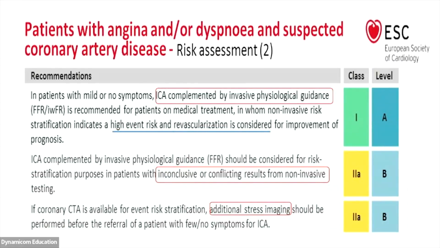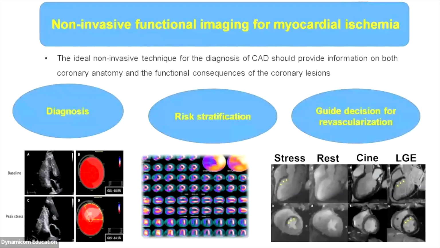Again, risk assessment, class 1A to do invasive coronary angiography complemented by invasive physiologic guidance, FFR, IFR, in high-risk patients when revascularization is considered. And also, coronary angiography is class 2A in patients who have inconclusive or conflicting results from non-invasive imaging.